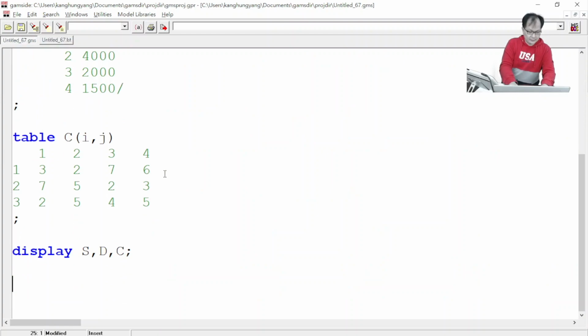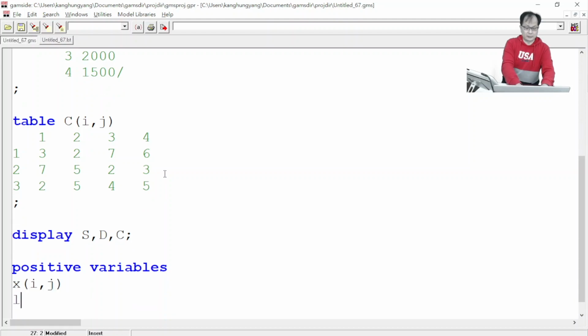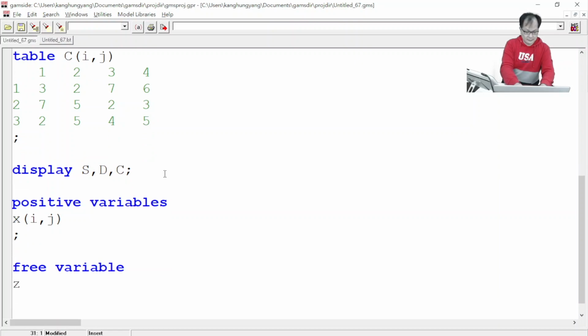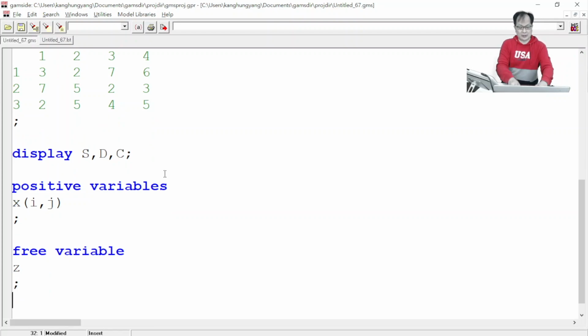Then we define the positive variable Xij to represent the quantity shipped from plant I to distribution center J, right? And we need the objective value Z to calculate the total cost.